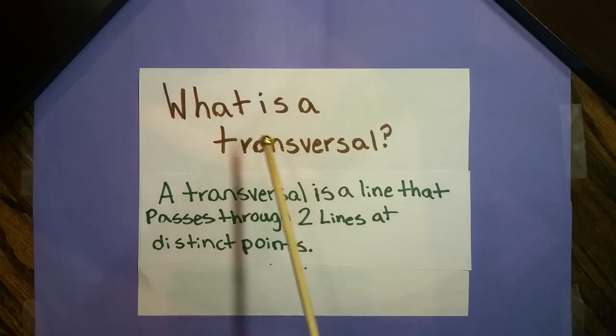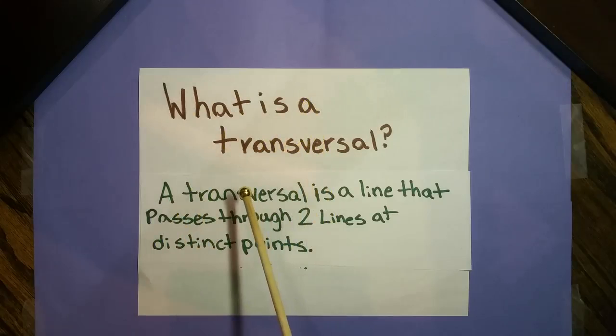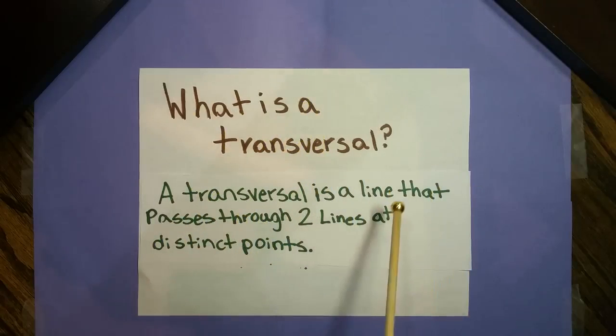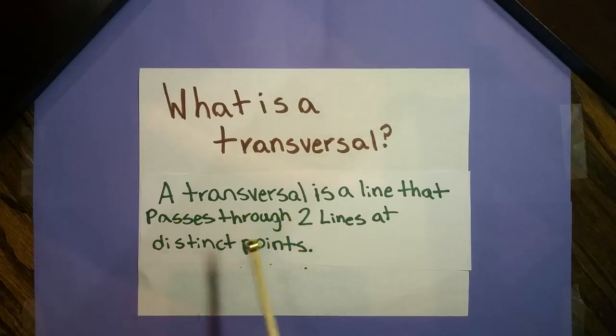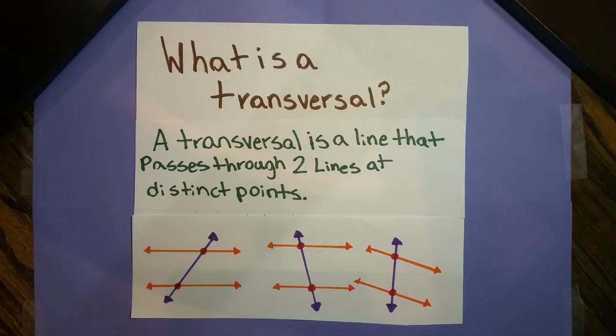What is a transversal? A transversal is a line that passes through two lines at distinct points. Here are 3 examples of transversals.